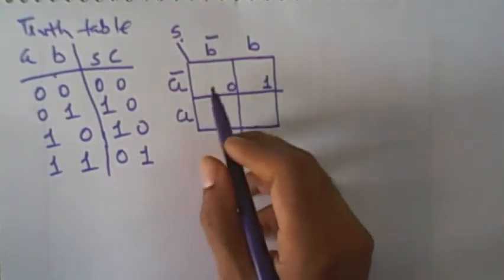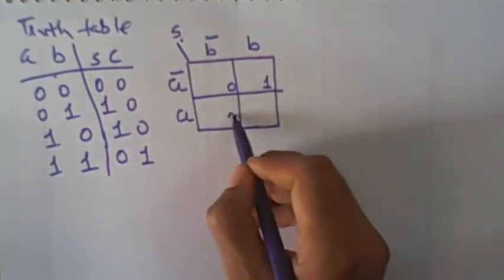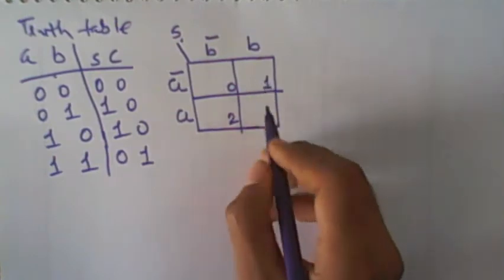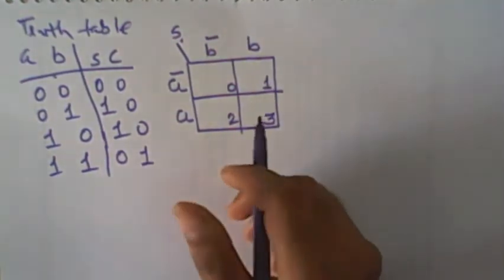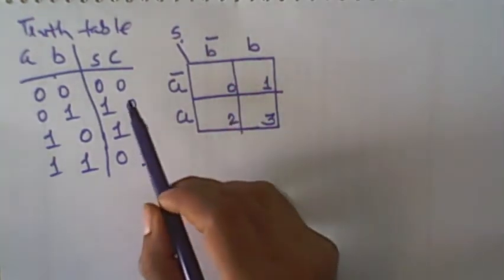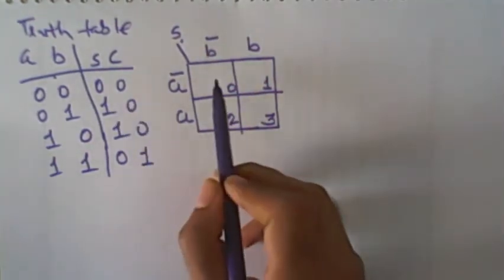This is 1 and 0, minterm 2, and here A and B are 1 1, minterm 3. Now the next step is to map from the truth table to the Karnaugh map.